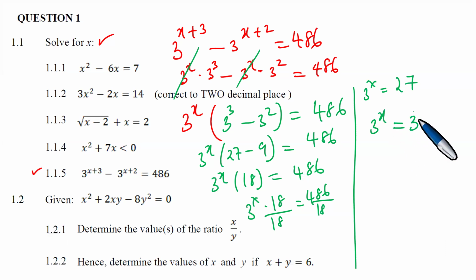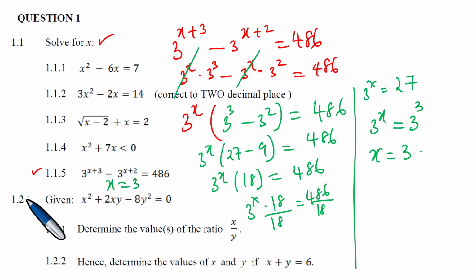Can you write it as 3 cubed? 3 cubed. What do we do now here? We drop down the exponent. Yes, we equate the exponents because the bases are the same, getting x equals 3. And that is the solution to this. So here we have x equals 3.